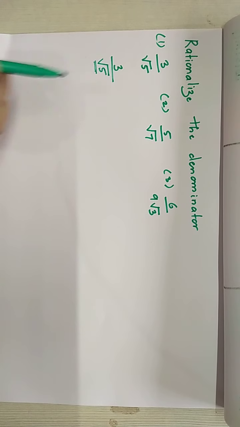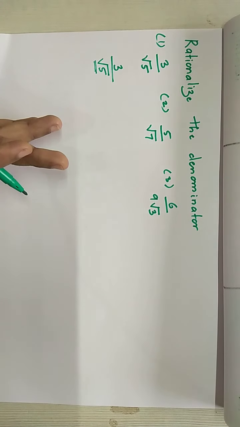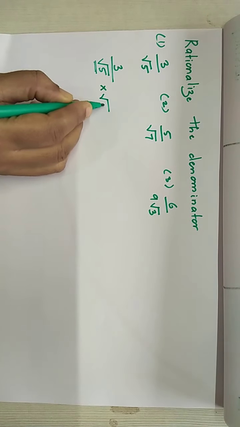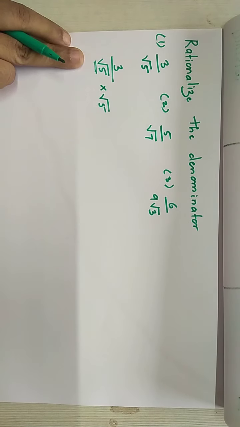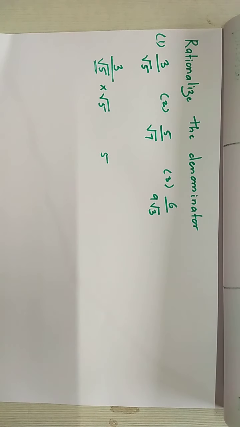And we know that when we do root 2 into root 2, we get 2. Root 3 into root 3 is 3. So root 5 into root 5 will give you what? 5. Right? So what we are going to do is multiply a root 5 over here, so that root 5 into root 5 becomes 5.